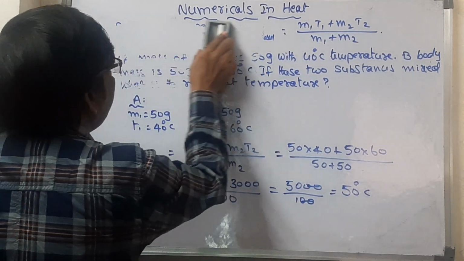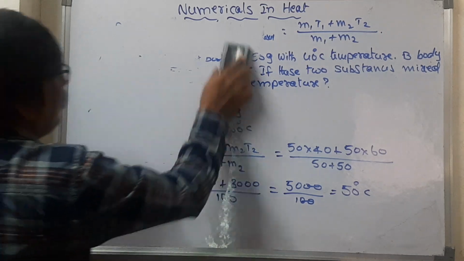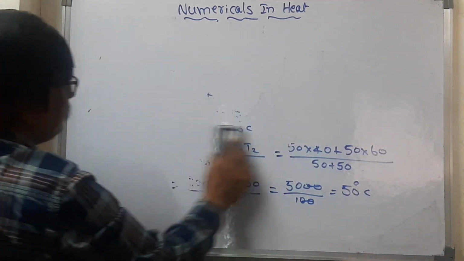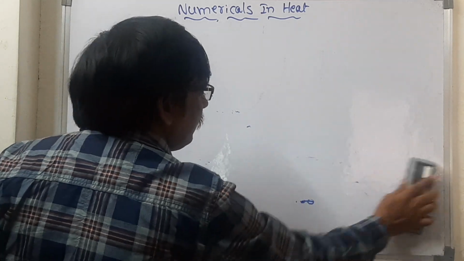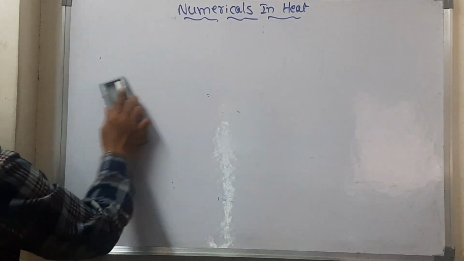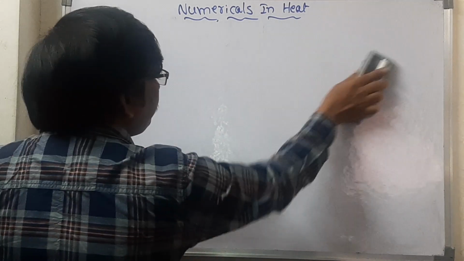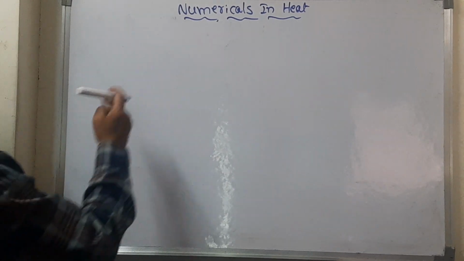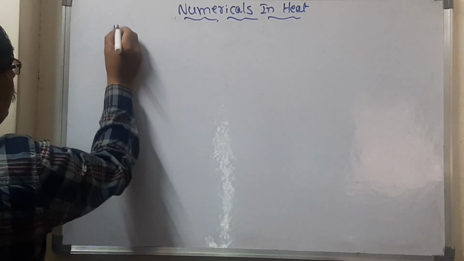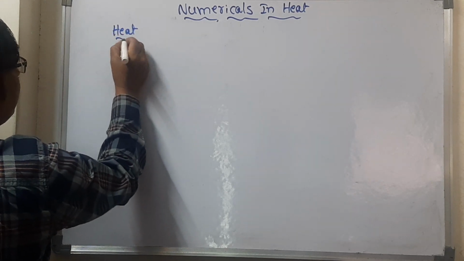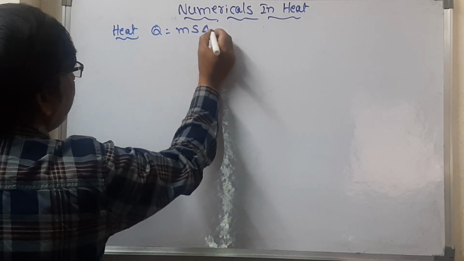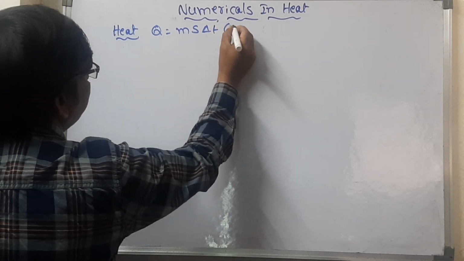And now the next topic, that is a very important one. Questions will come based on this, and moreover it is very easy also, and it is completely based on heat. The formula for heat: we discussed two formulas before. Q is equal to M s delta T, when there is a change in temperature.